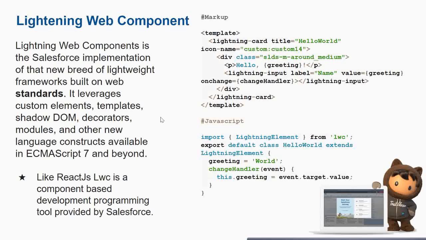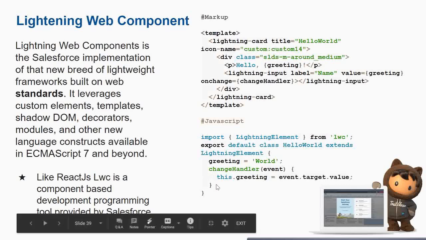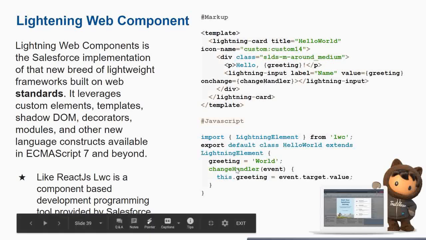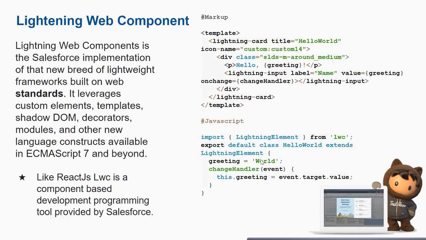And there is JavaScript, which acts like a controller. You see this change handler, onchange, this change handler is called and this method gets executed. And you see greeting equal to world.